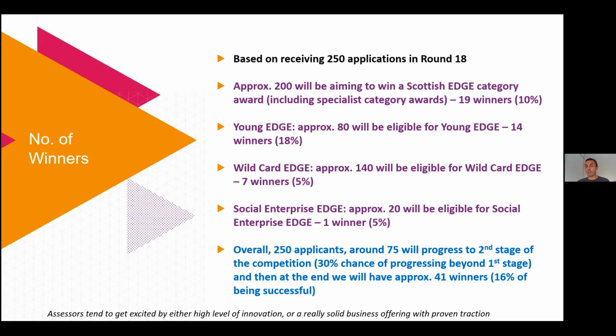So there's another 175, if we go on those averages, that won't progress beyond the first stage. Then we'll have 41 winners, which again is about a 16% chance overall of being successful. So it's a tough process.